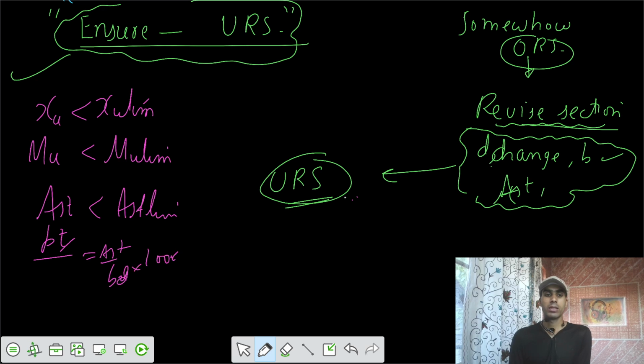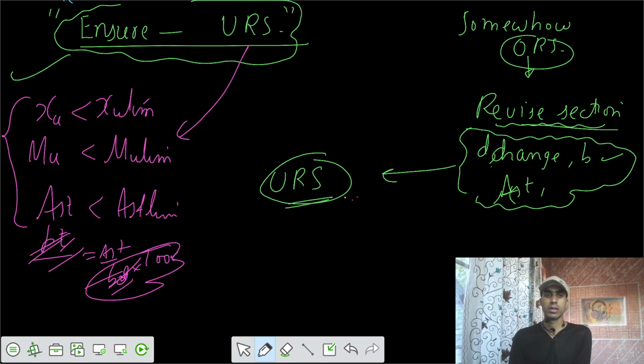And this part is a constant factor, so we can say PT or AST directly. We can say AST lesser than AST limiting. So these are the criteria for URS. Okay. You can solve either of the three, and you can get whether the section is under reinforced or over reinforced.